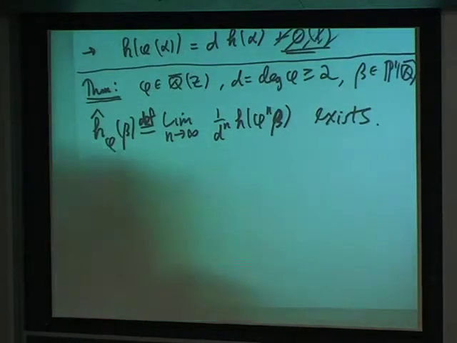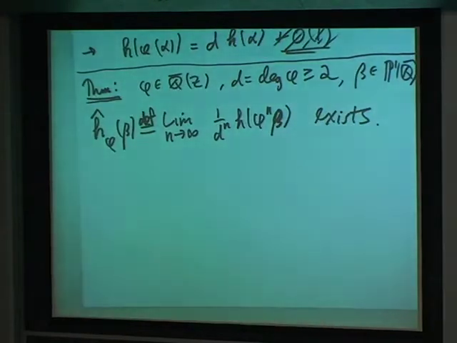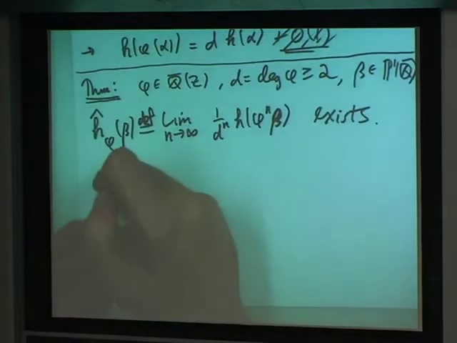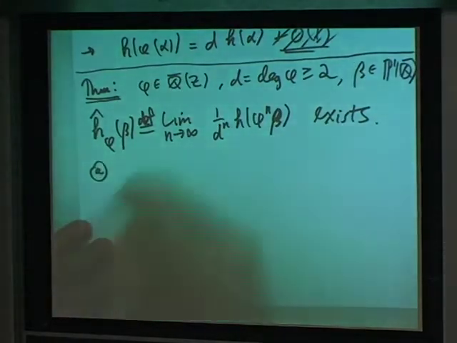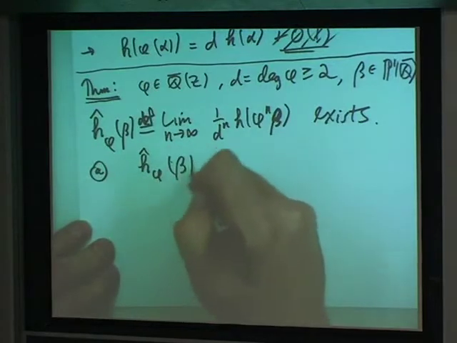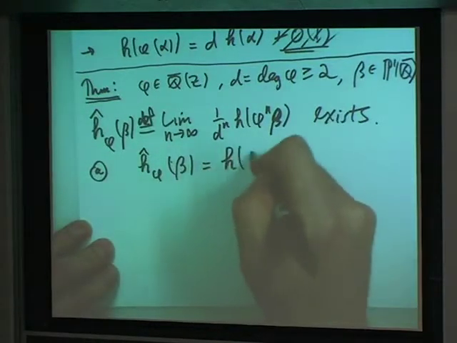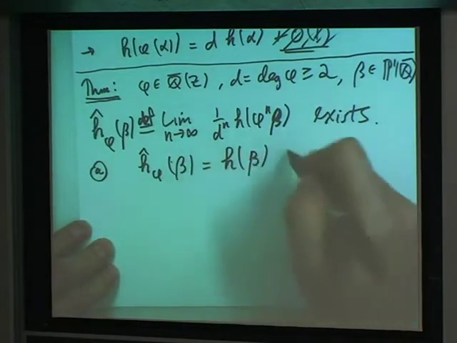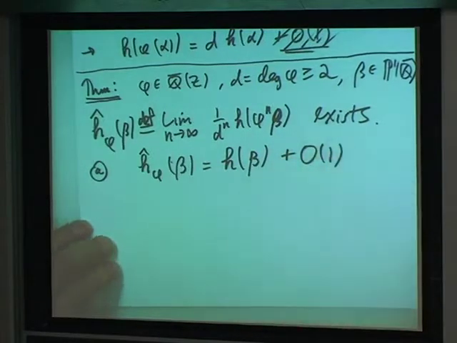And simply putting that down, that's fine, but one wants to know that it has some reasonable properties, right? Because, for example, this limit, maybe it exists and it's always 0. So first, the canonical height actually has arithmetic significance because it's equal to the ordinary height up to a bounded amount.